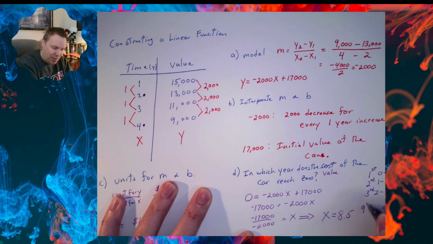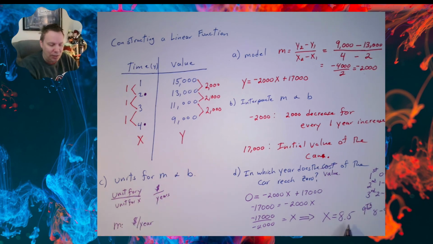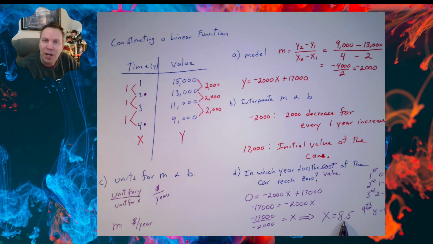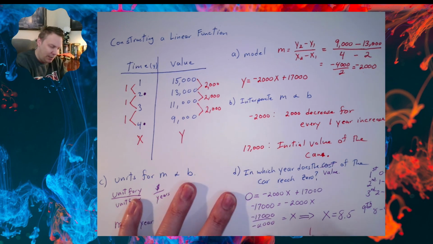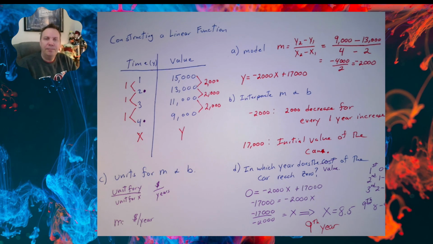So this is going to be my 9th year. In other words, I'm going to round this number up, and that's the year that I'm in. So my answer to this particular question, it's the 9th year. I hope that solution was helpful.